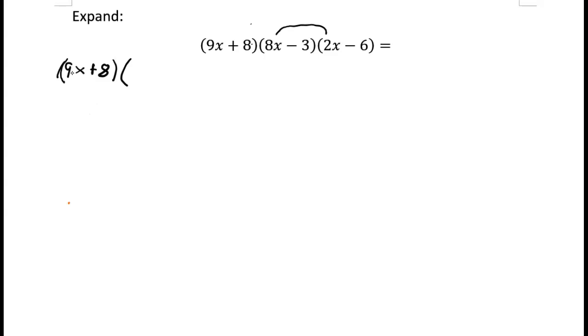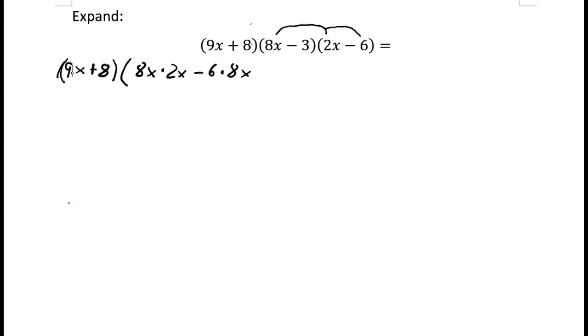So we've got 8x times 2x, and I use this dot to indicate the multiplication. Then we would have 8x times minus 6, so we've got minus 6 times 8x.